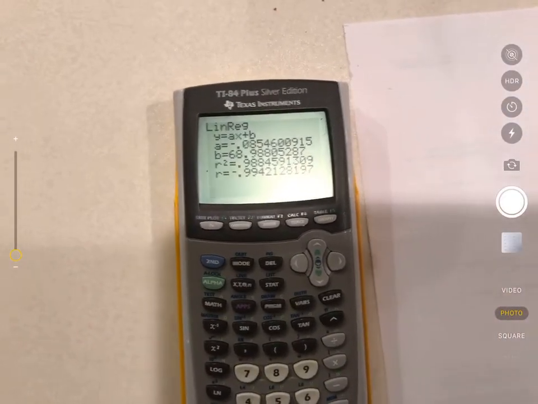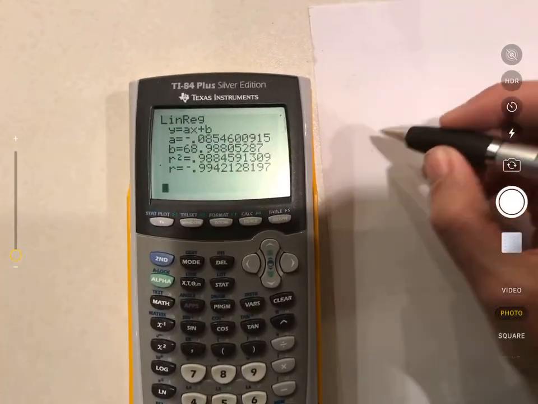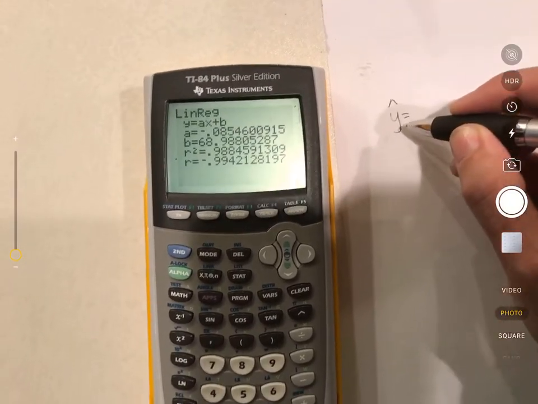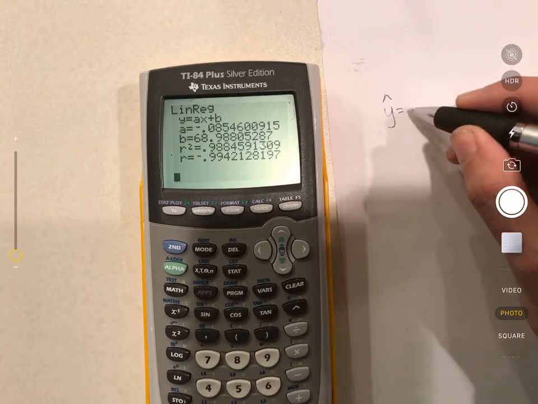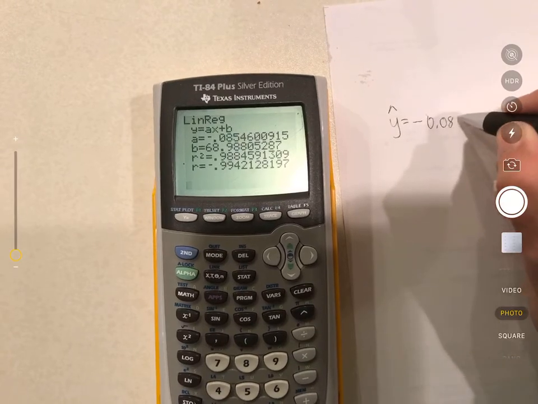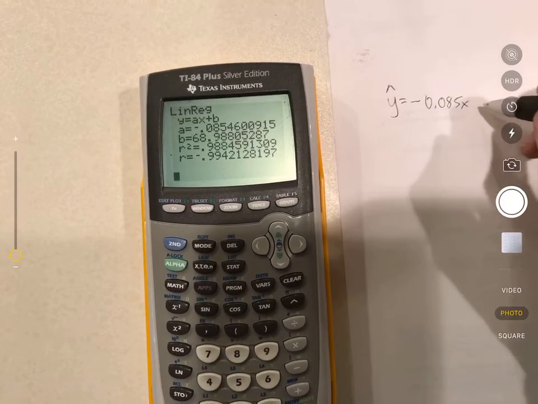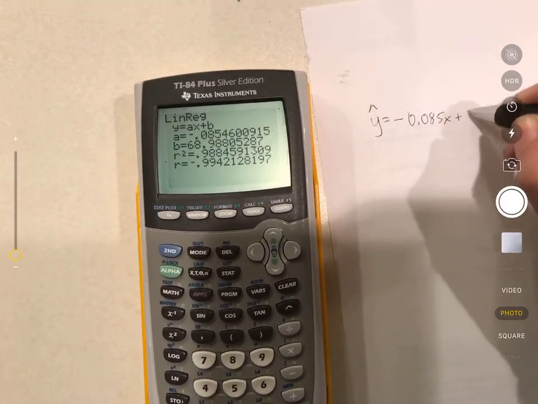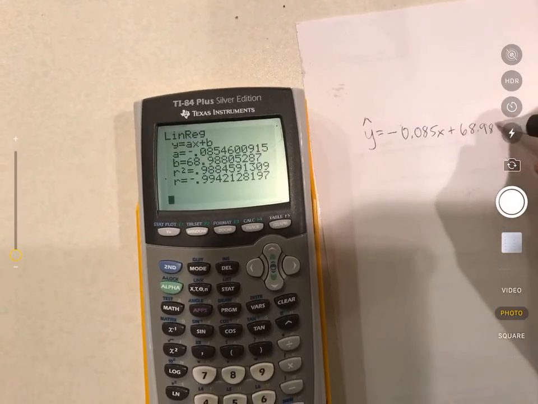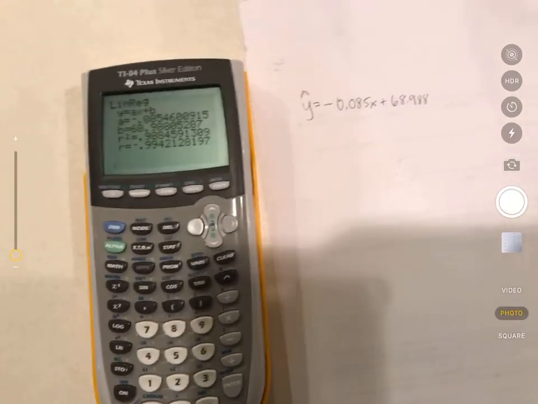So y equals ax plus b means the slope is negative 0.085 x, and our b, our y-intercept, is positive 68.988. Okay, these are both rounded to the 3rd decimal place.